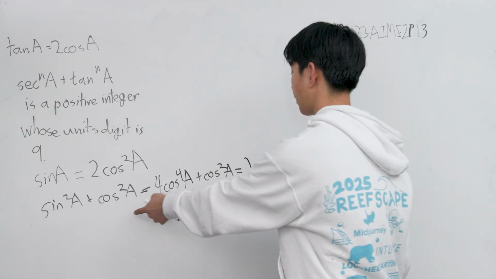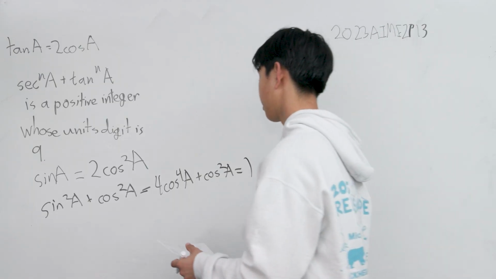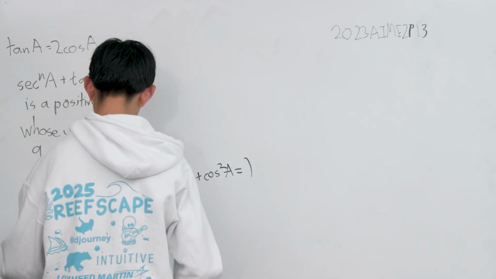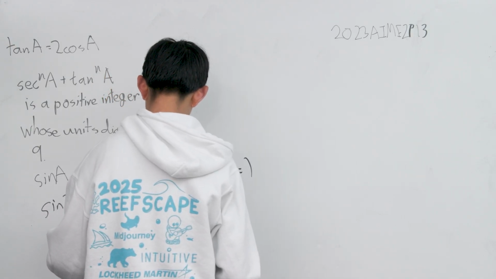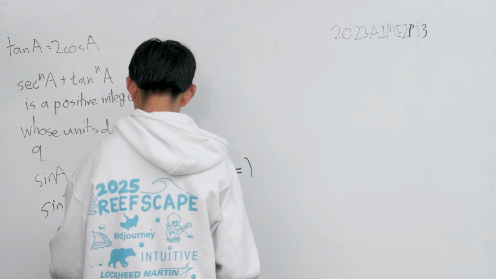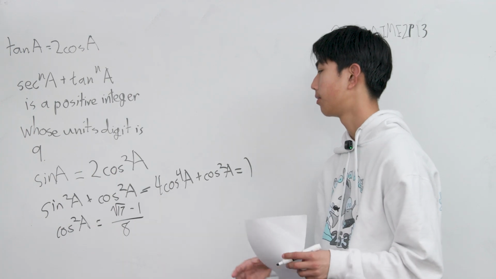This is the identity from this. And this here allows us to solve for cosine squared of A. After solving, we get cosine squared of A equals square root of 17 minus 1 over 8. That is what we have right there.